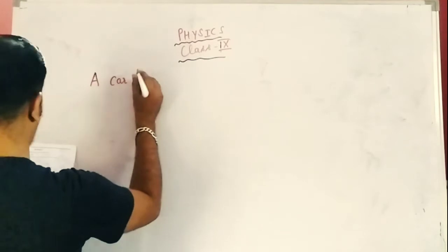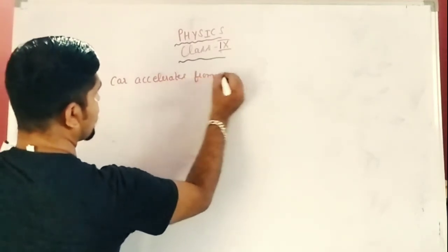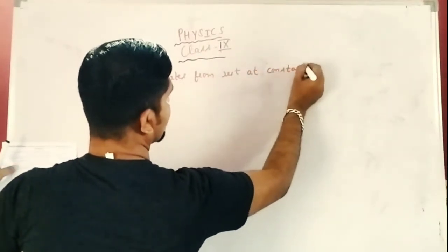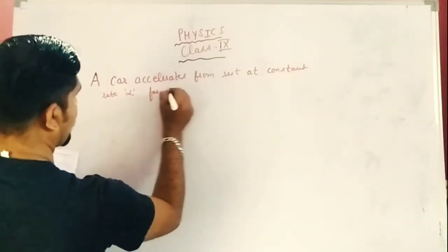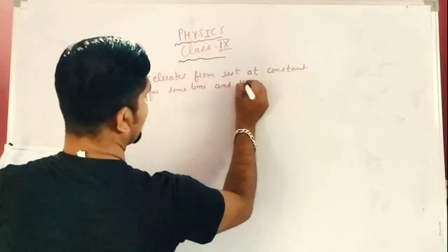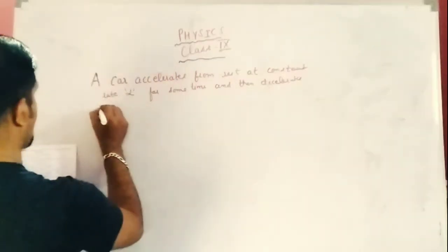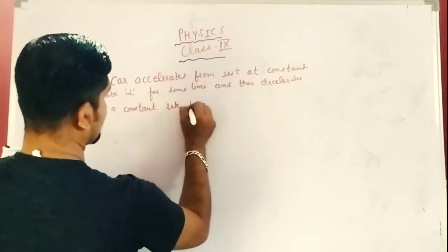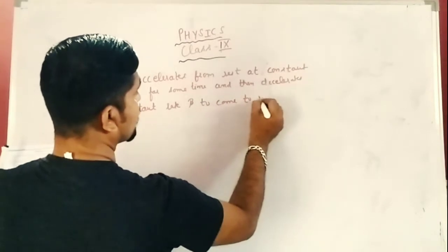A car accelerates from rest at constant rate alpha for some time and then decelerates at a constant rate beta to come to rest.